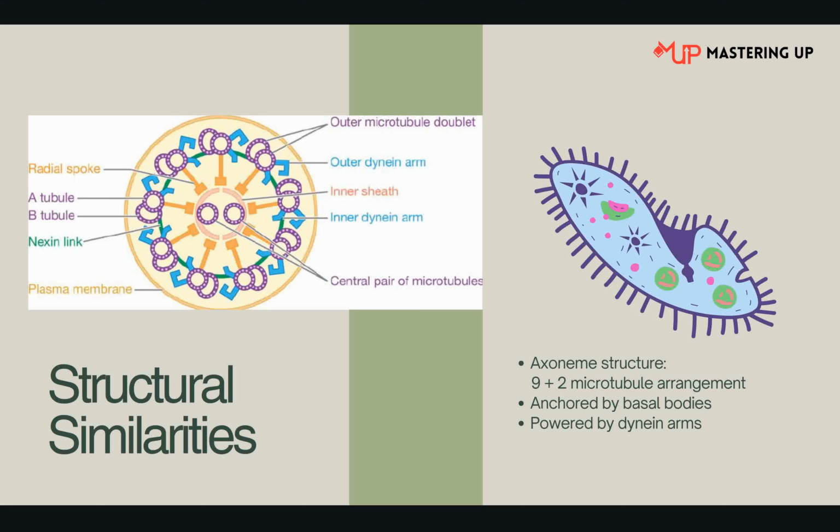In the illustration, you can see the 9 doublets arranged around the central pair of microtubules. So this is the basic structure of cilia and flagella in eukaryotic cells.